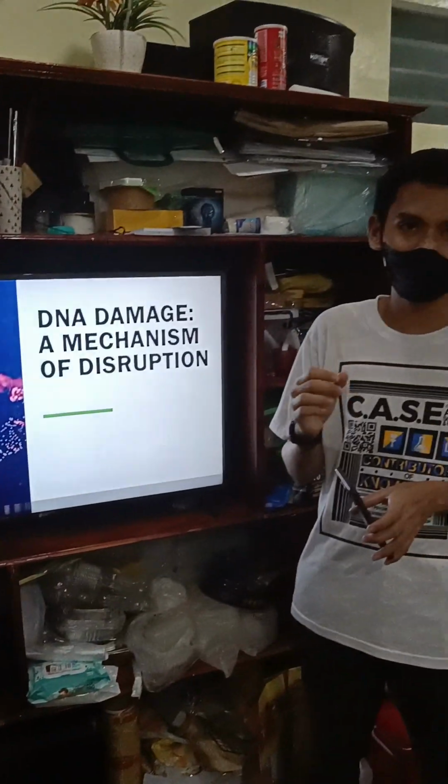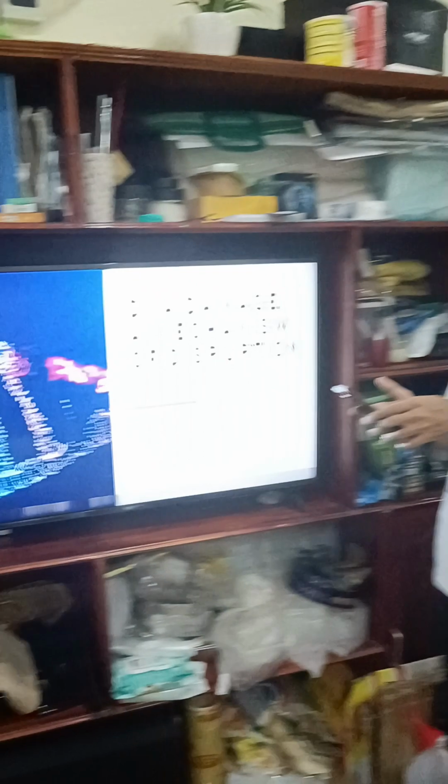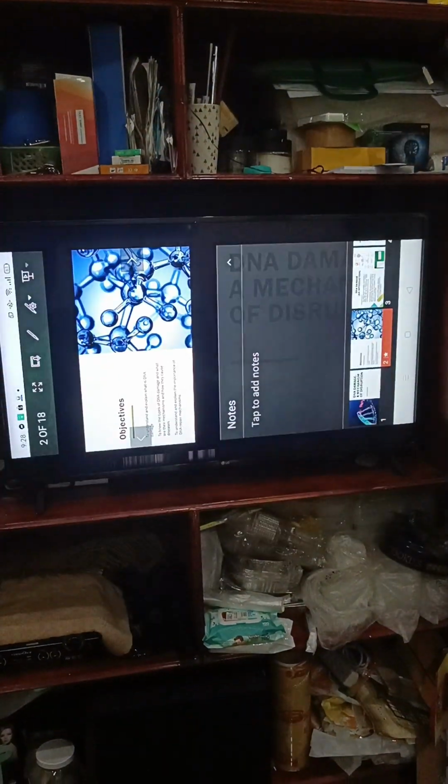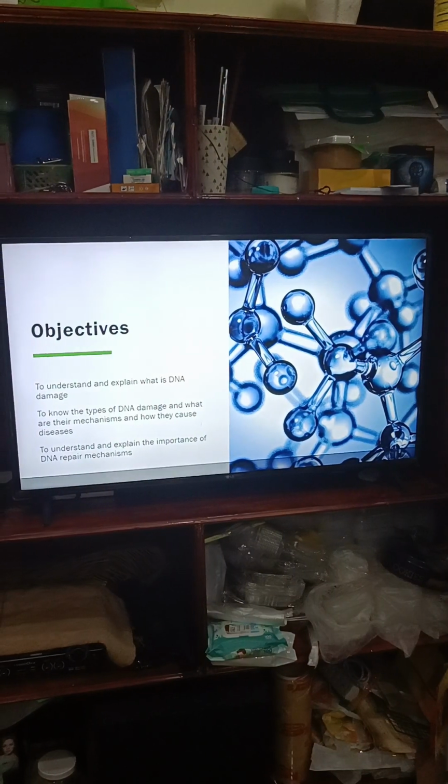While this constitutes only about 0.000165% of the human genome, approximately 6 billion bases or 3 billion base pairs, if left unrepaired it can cause mutations in critical genes and also cause cancer. That is why DNA damage is called a mechanism of disruption.